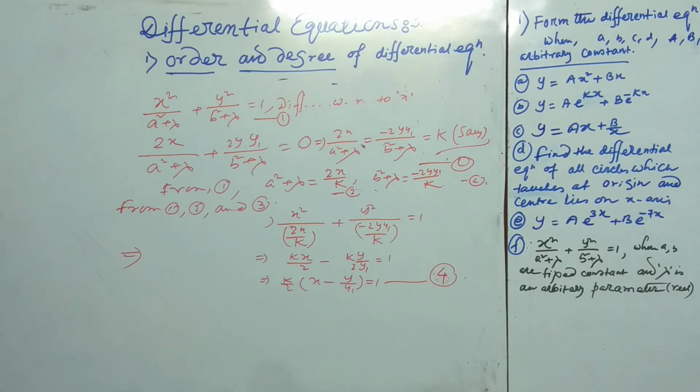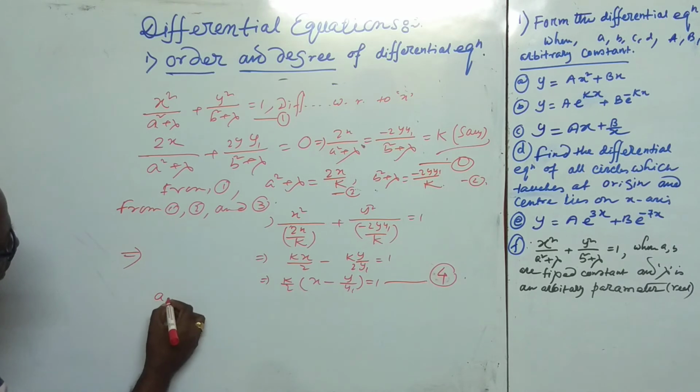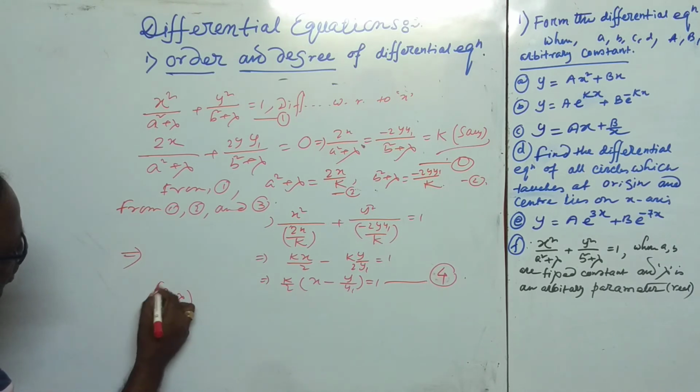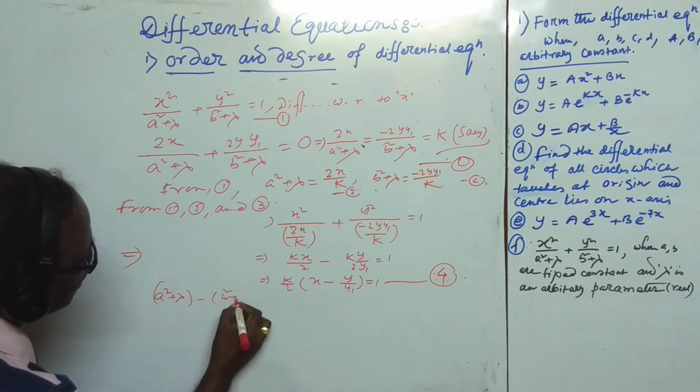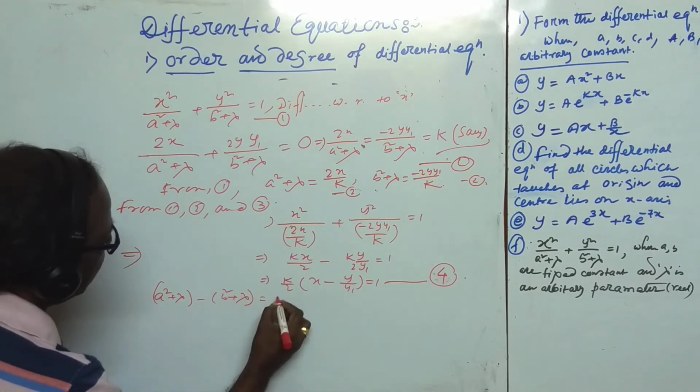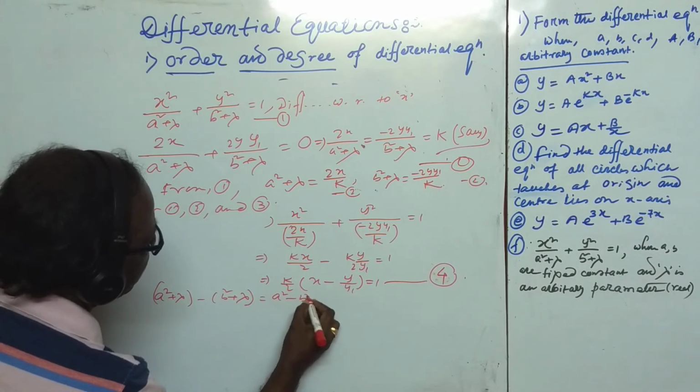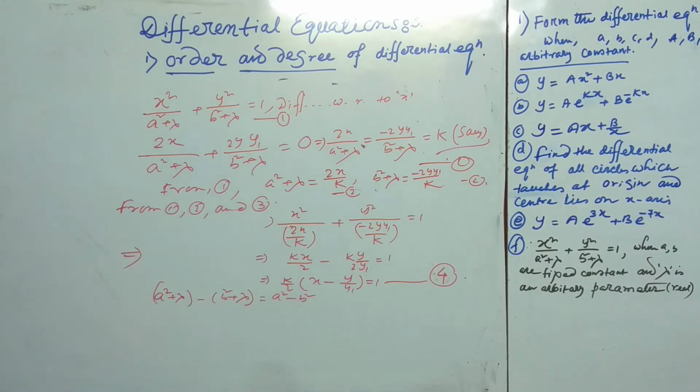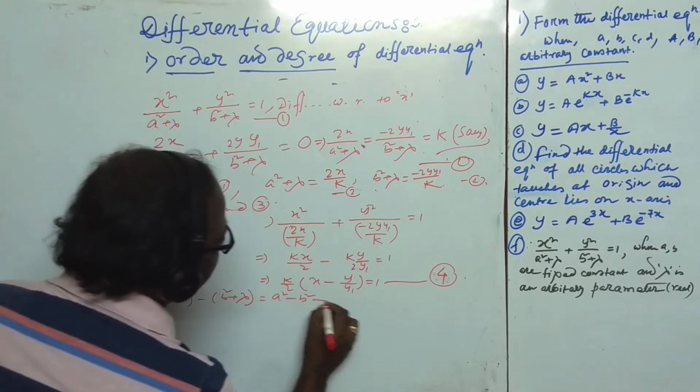Again write from here, a square plus lambda minus b square plus lambda is equal to simply a square minus b square, lambda cancels out. See, this is question number 5.